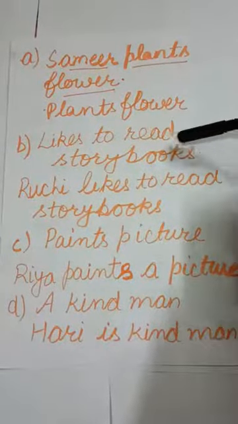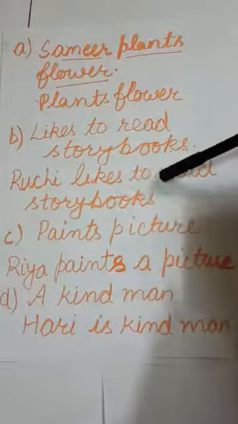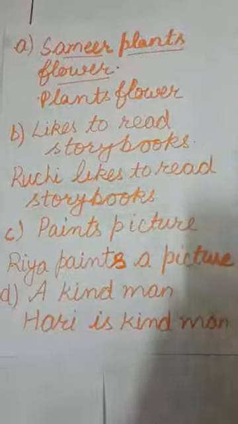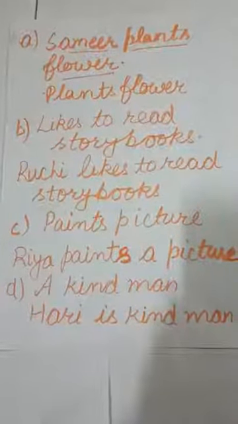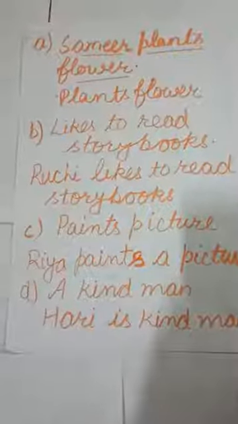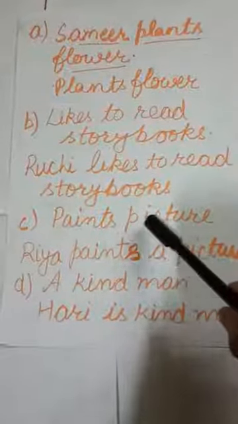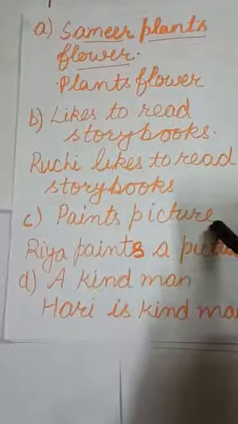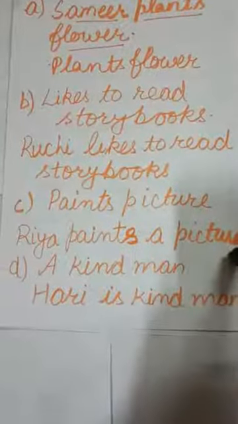"Likes to read story books." "Ruchi likes to read story books." You have to underline the correct sentence and put the punctuation marks on it. Now the third one, "paints picture." Second pair is "Riya paints a picture."